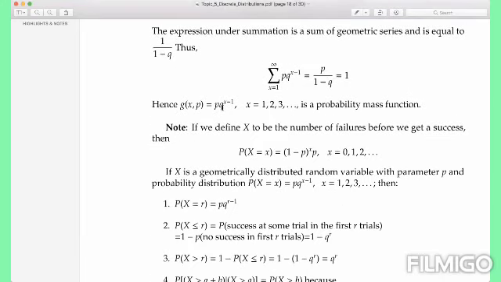And now you could also formulate this geometric problem using the number of failures, not the trials, but the number of failures. But I don't want to go through this formulation. Let us stick to the first one, because at least it is less confusing, but it's good to know that it can also be formulated using the number of failures before you get a success, or the number of trials.